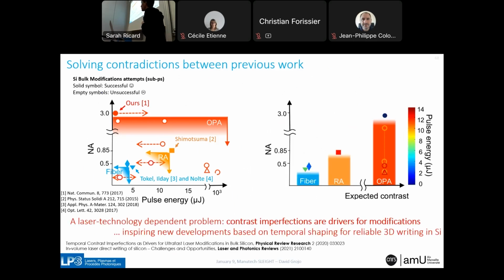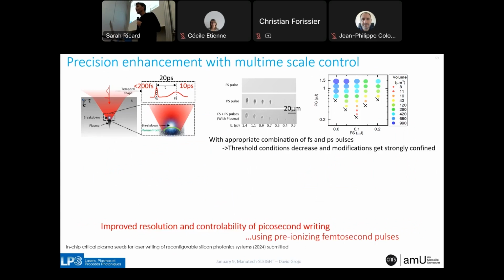Once we sorted all the results based on the different laser technologies that were used, everything got logical: the higher the contrast, the more challenging it is to achieve modification in silicon. It's a very important aspect that people should consider to develop the applications. This is also the type of knowledge that allows us to improve the writing process.